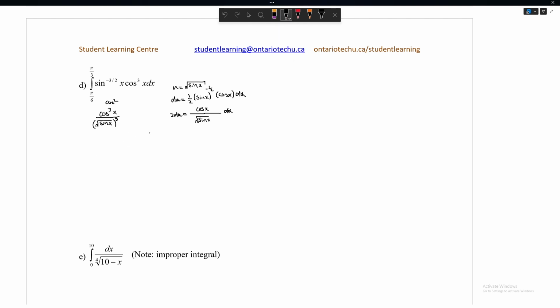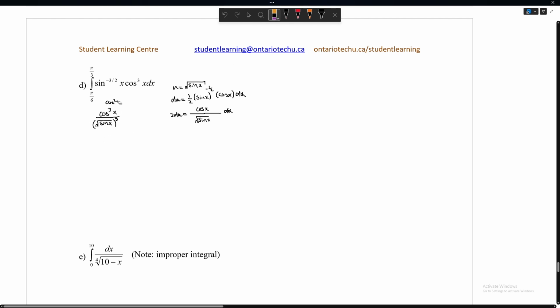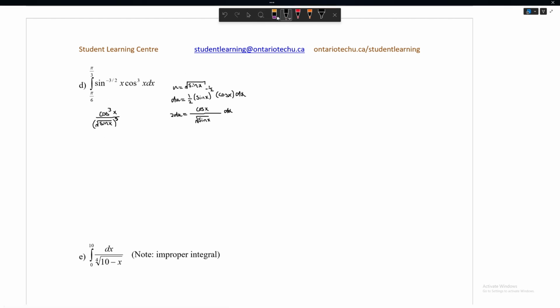It's actually pretty good, because when I sub it in now, let's make this look nice and pretty. Got my integral. I'm not going to take my bounds just yet. And so now when I plug this in, what I'll be getting is cos 2x at the top divided by root sine x at the bottom squared du.